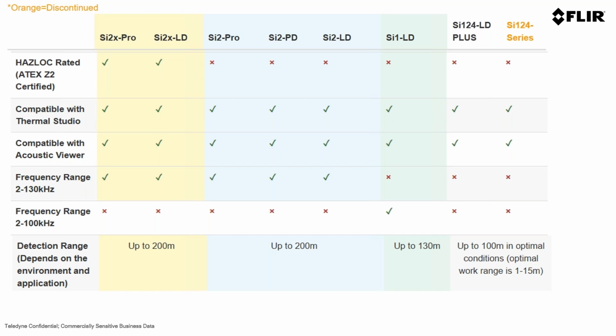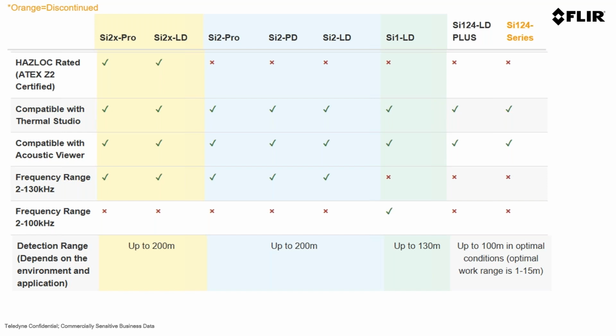For example, the SI2 LD, just as a reminder, has leak detection as well as mechanical detection, so we have expanded capabilities in the frequency range. Whereas, for example, the SI1 LD, for an application that is very specific to spotting compressed air leaks, is 2 to 100 kilohertz. So that's the main difference.